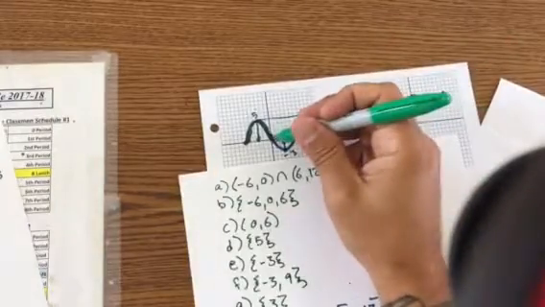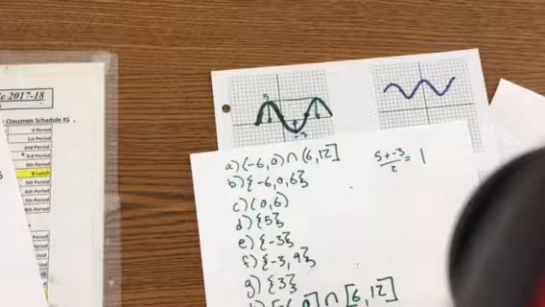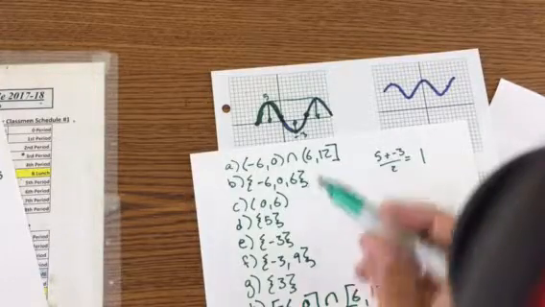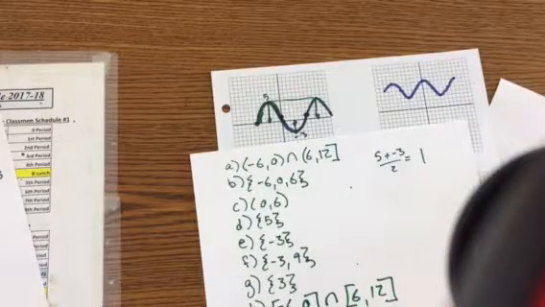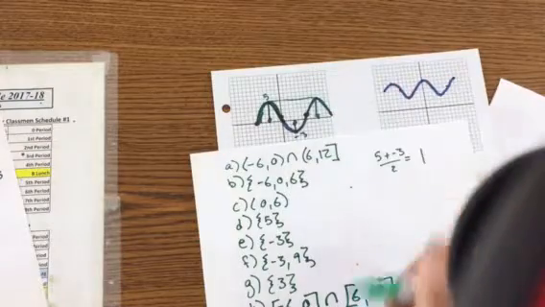Concave up is going to be the part that's in the middle of those two. So my concave up is going to be from 0 to 6. Points of inflection are where it switches directions. So that one's at (0, 1). These are actual points. This one's at (6, 1).